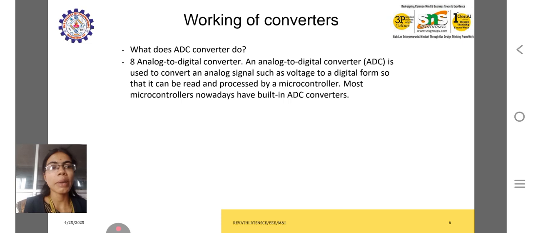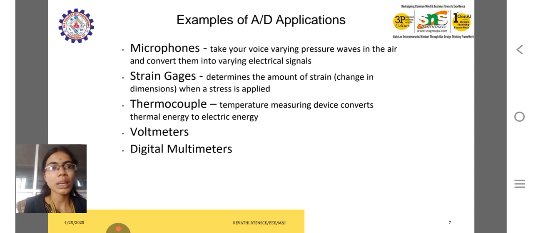It can be read and processed by a microcontroller. Microcontrollers with built-in ADC converters are available nowadays. Some of the examples and applications of ADC converters are microphones, strain gauge, thermocouple, voltmeter and digital multimeter.